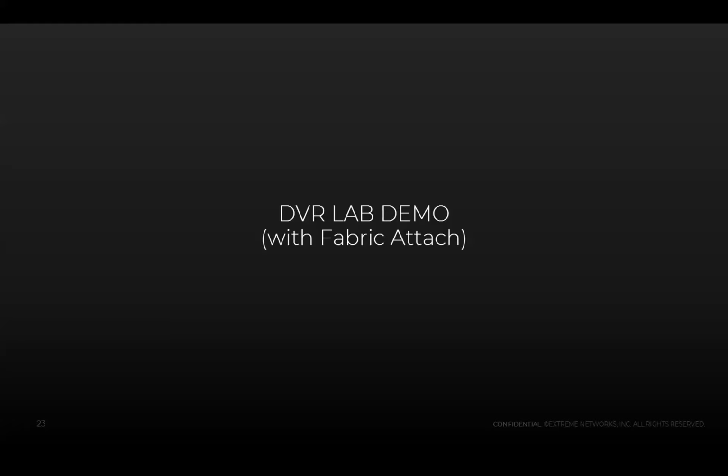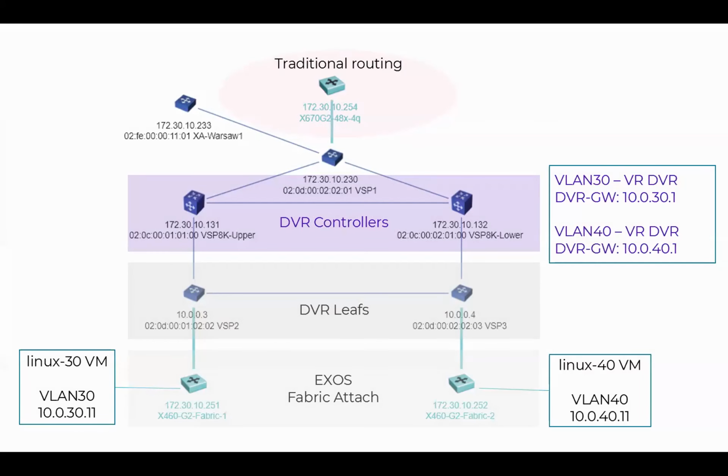So let's go to the demo. In fact, the things Emre mentioned were just for the demo itself, because the demo looks like this. This is the map for the demo. I have an EXOS switch here, which is a traditional EXOS switch, by the way a 670 G2, and it is connected to the fabric here with fabric attach.